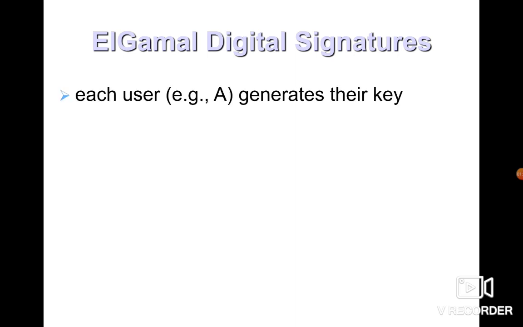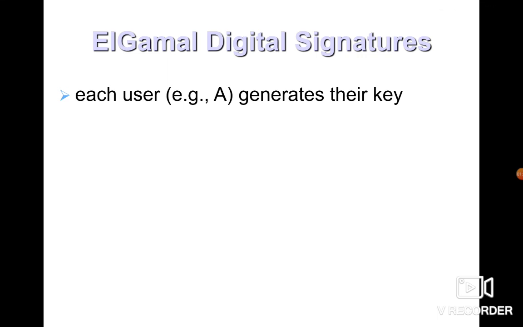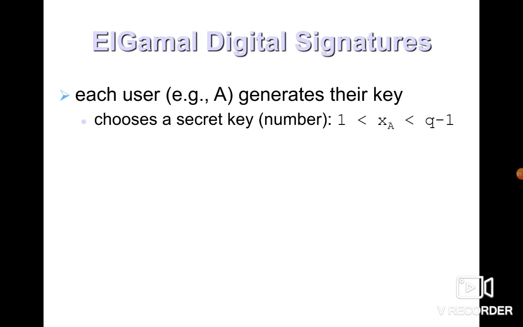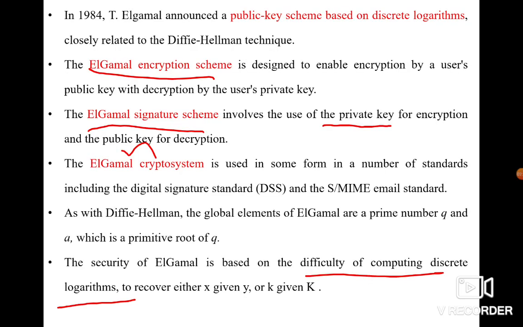So we move on to the algorithm, the ElGamal digital signature. Here each user generates their key. So he chooses a random key denoted as XA, and this random secret key should lie between 1 and Q minus 1, where Q is a prime number.